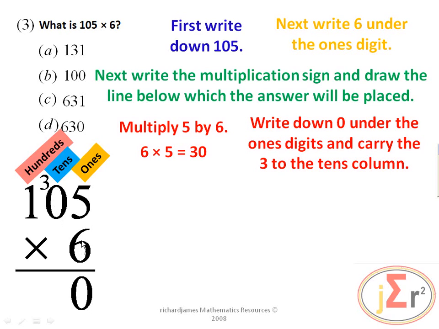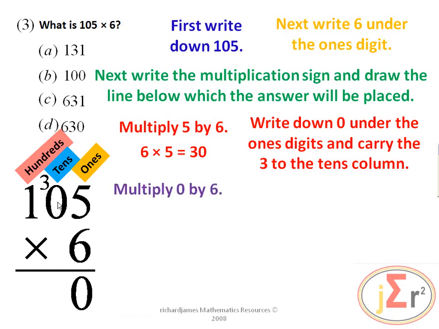Any number multiplied by 0, or 0 multiplied by any number, is 0. So 6 zeros will be 0, and what do we add? We add the 3, because we have the 3 tens that was carried over from the ones column. So we have 3 tens to be added to the 0.